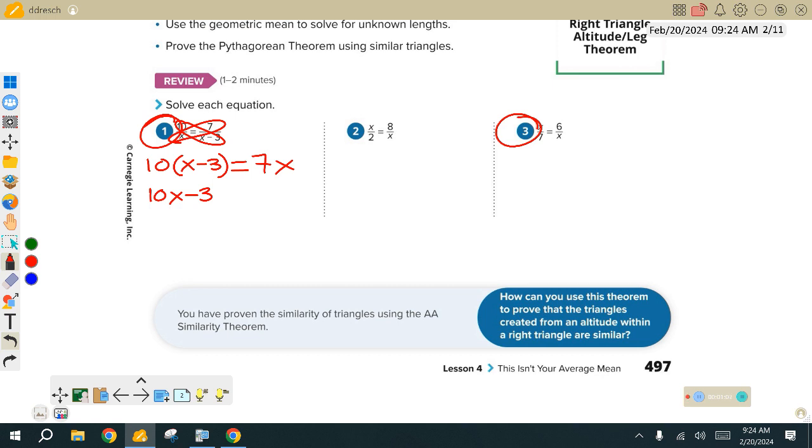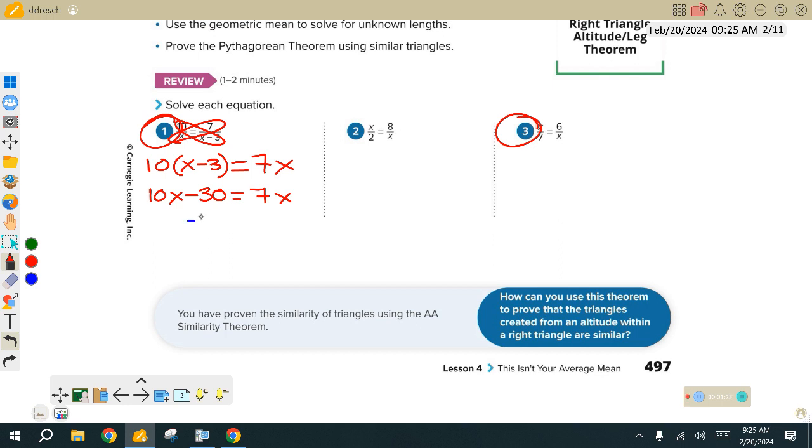Was that you on Friday? It should have been 10x minus what? 30. So that was one of my top mistakes. After that, it's just a plain old linear equation. X on both sides. Usually I move the smallest x, but in this case it's quicker to move the minus 10x.